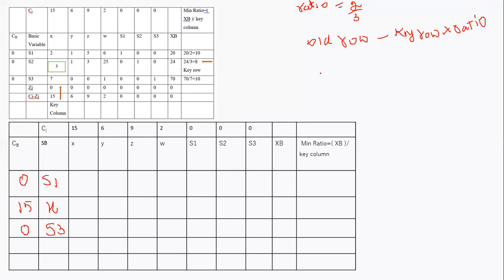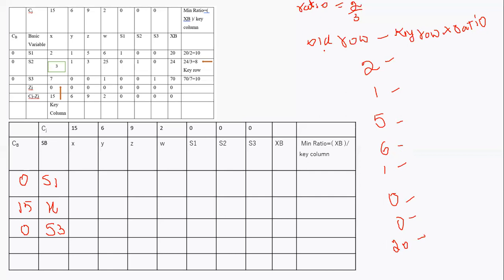So my old row is the row where 2 is there. Let me write here. The numbers go 2, 1, 5, next number is 6, and then I have got 1, and then 0, and then 0, and the last number, I have got 20. Minus key row.